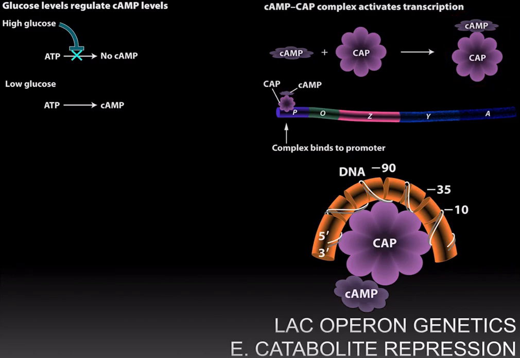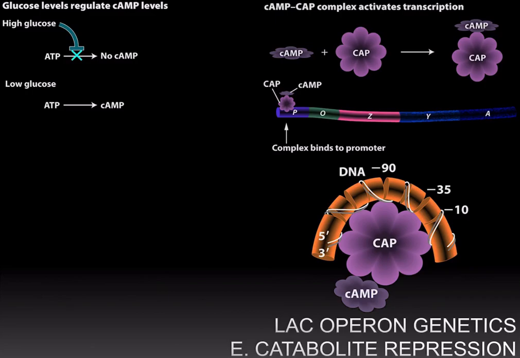And what that allows CAP to do is to bind DNA near the promoter of the Lac Operon, resulting in a bending of the DNA near the promoter.